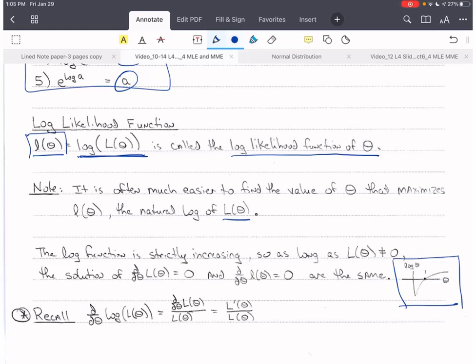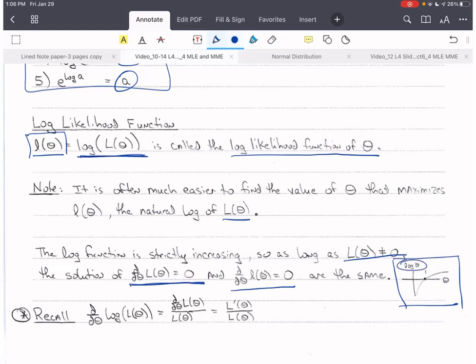When it's strictly increasing, there's a theorem in calculus, so as long as L of theta is not equal to 0, then the solution of the derivative of the log likelihood function equals 0, and the derivative of the likelihood function equals 0.